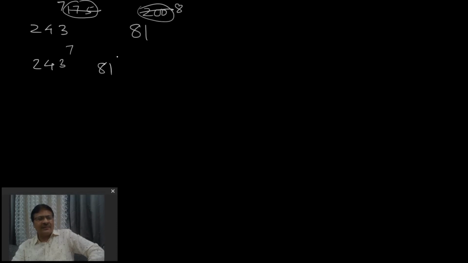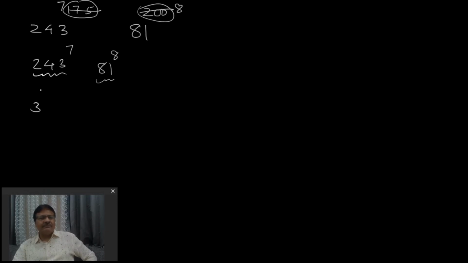Whenever we have to compare this way, you can cancel the common terms in both. Common terms, I mean to say, I can cancel by 25 this number as well as this number, as I know 25 8 is 100 and 25 7 is 175. So finally what do I get? 243 power 7 and 81 power 8. Is that clear? Now I know that 243 and 81 both are powers of 3.